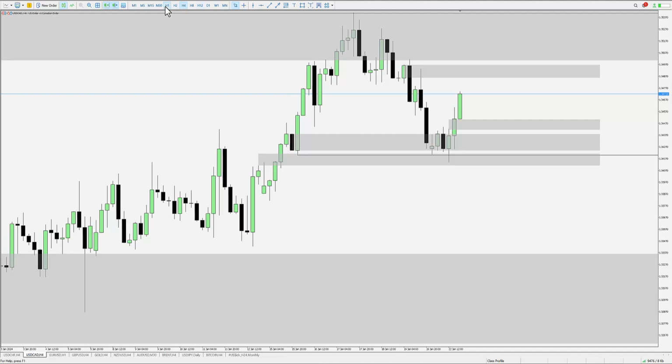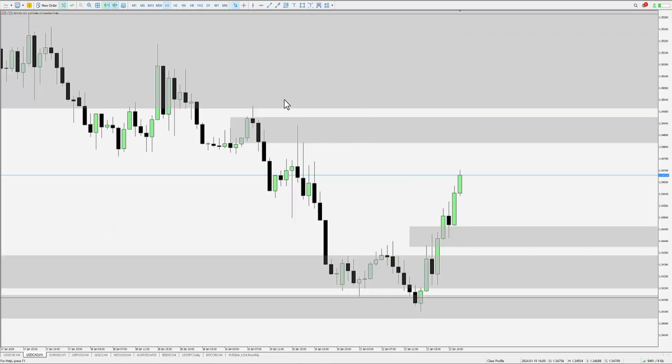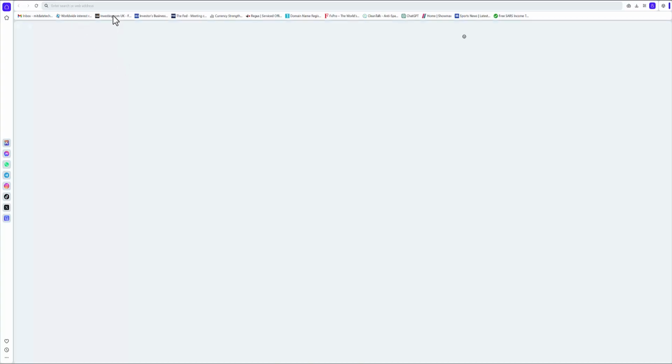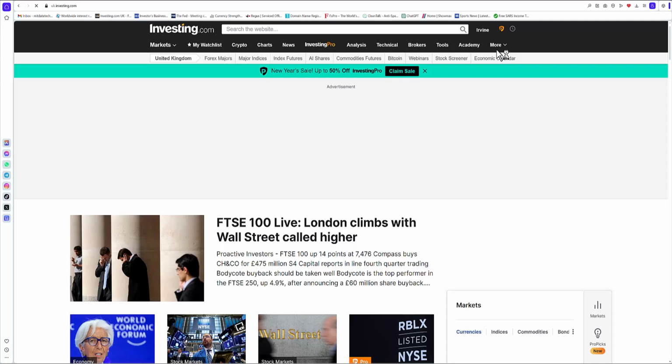Let's go to the hourly chart, like what happened here during this hour here. So this is 19th of January, 1600 hours. Let me just go to investing.com, and then we see what happened on 19th of January.